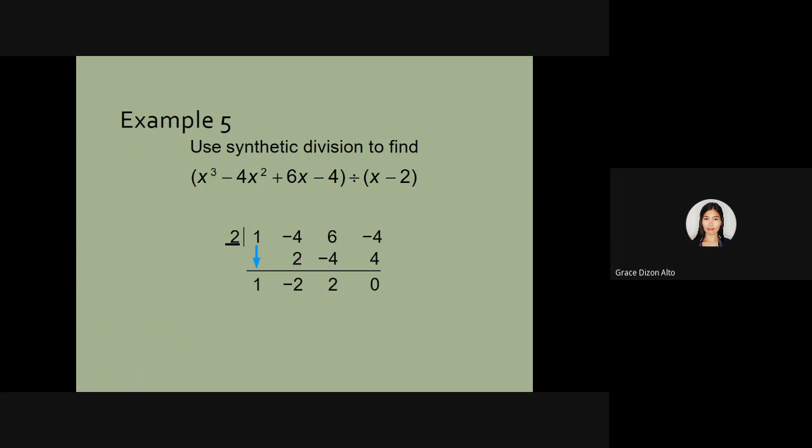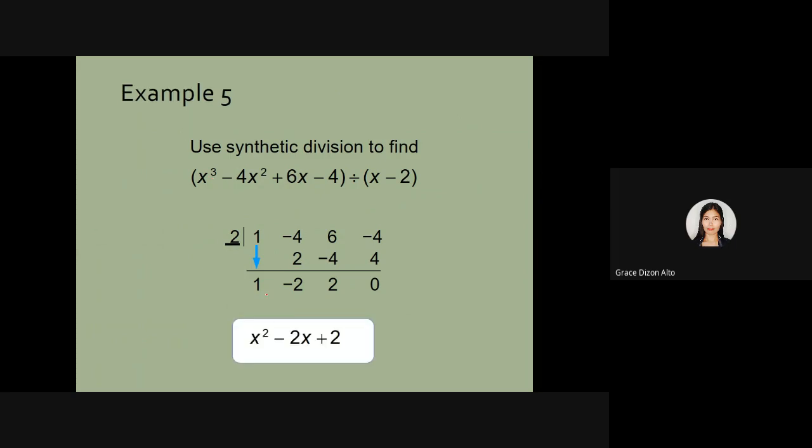So we will then write our quotient with our x and its exponent 1 less than our divisor. So since our dividend starts off with x cubed, therefore the exponent of our quotient will be x squared.